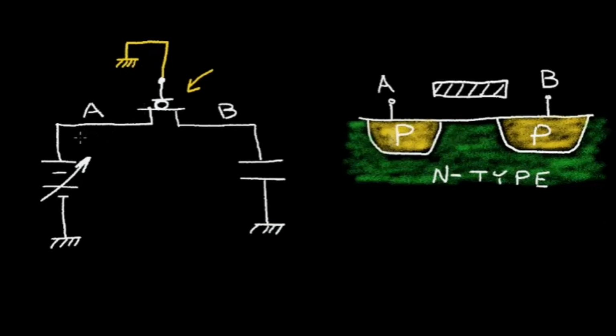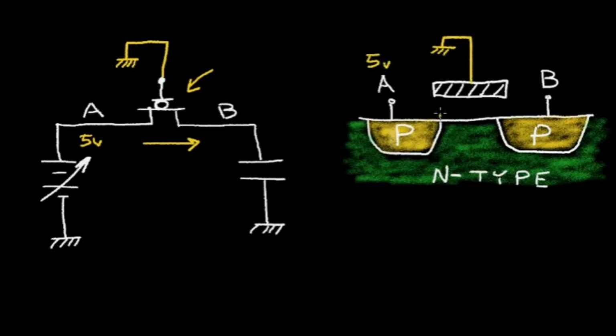I'll set my battery at 5 volts at point A, and I want to transfer that 5 volts over to the capacitor at node B. So let's look at what's happening in the channel region. This gate is grounded. This point A is at 5 volts.